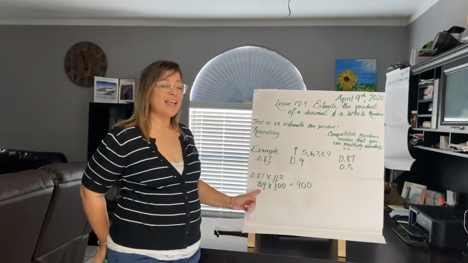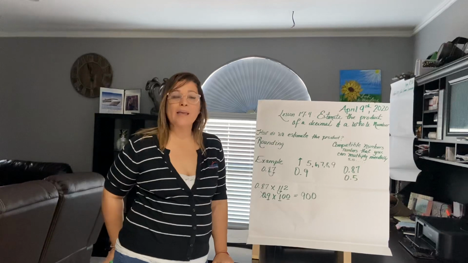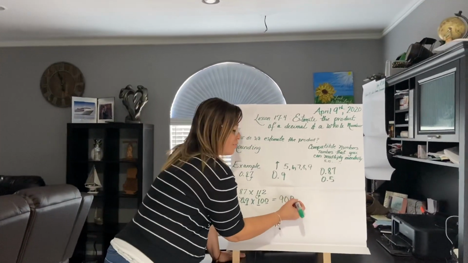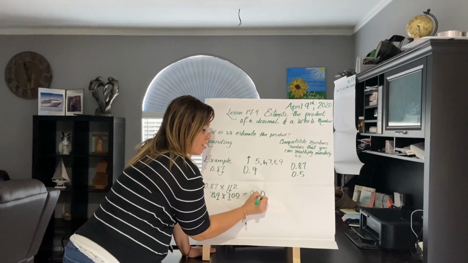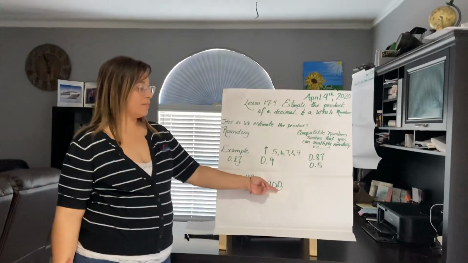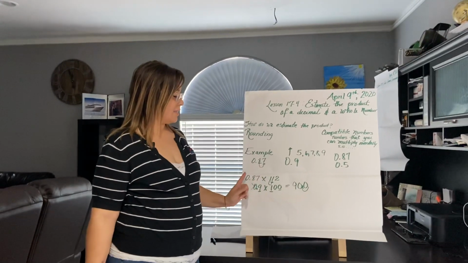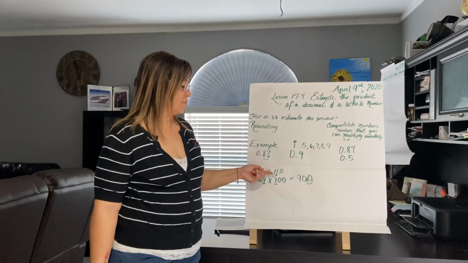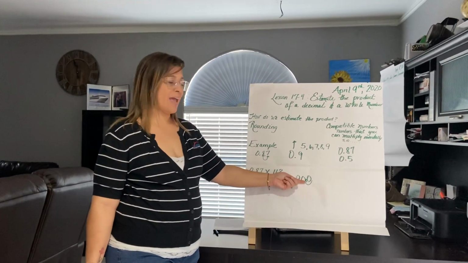So that's the amount of numbers that should be behind my decimal point. So we start from here, and that's where we put our decimal point. So that means that 87 hundredths times 112 is about 90.